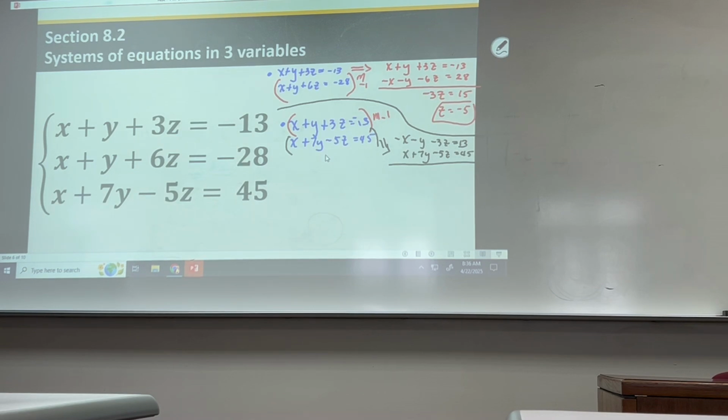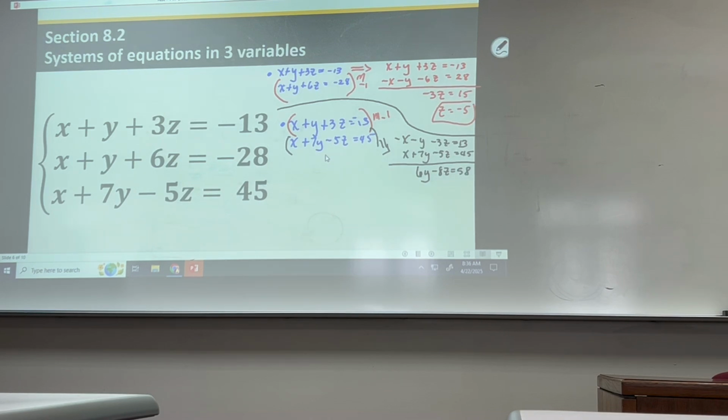X's go out, which is what we were trying to do, same thing as step 1. What's negative y plus 7y? Isn't that 6y? And negative 3z minus 5z is minus 8z. And then 13 plus 45 is what, 58? Doing okay?